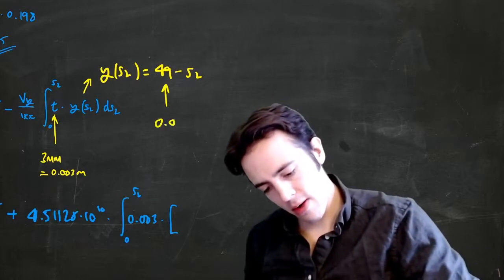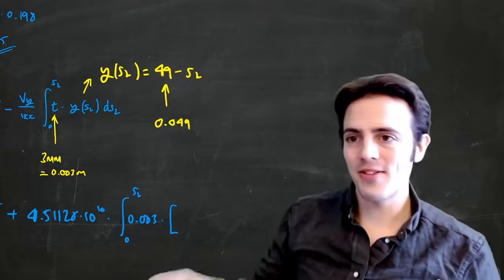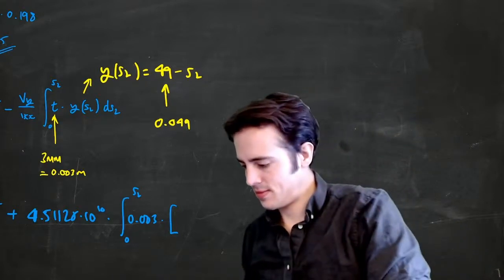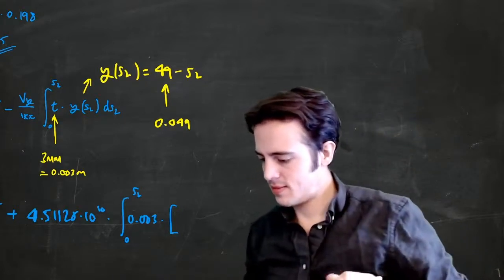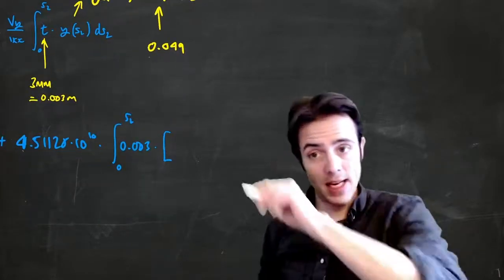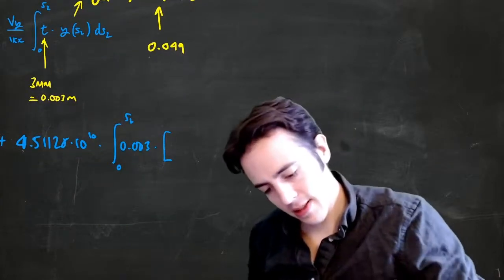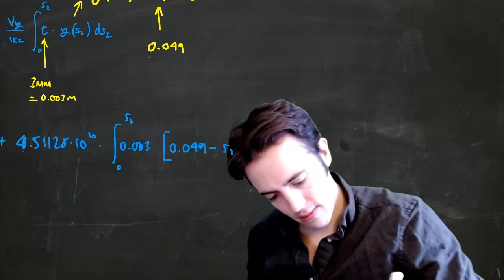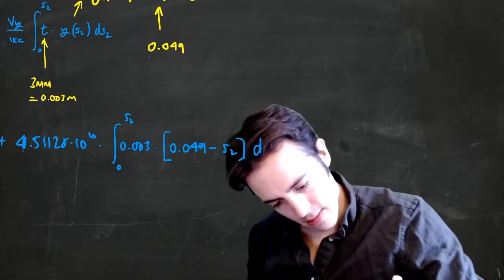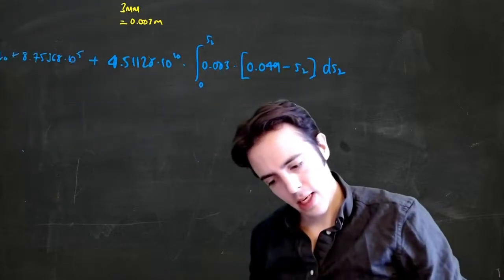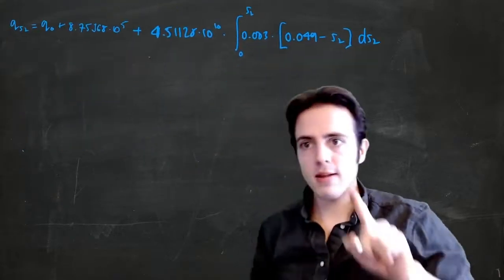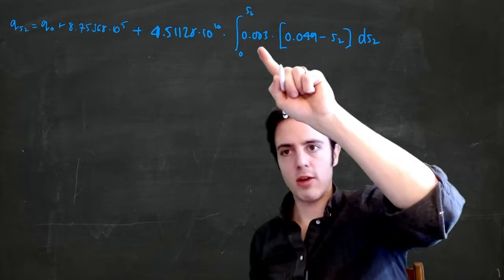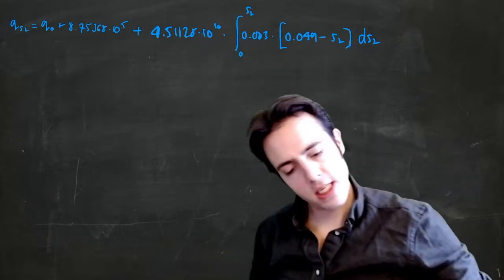That should be 0.049. Okay, so we've got to be careful there, because we've got to have this in meters and not millimeters. So let's take the 0.003 out, multiply it by this number ahead of it.